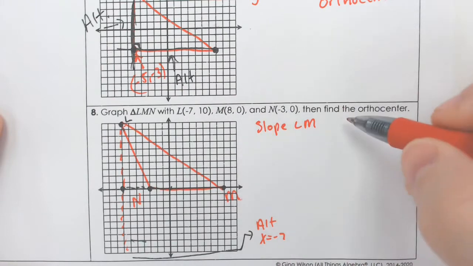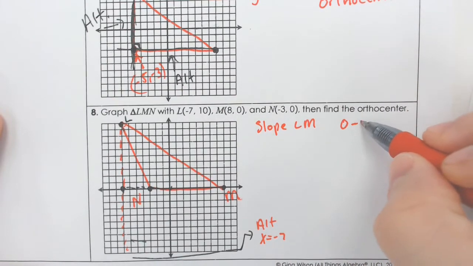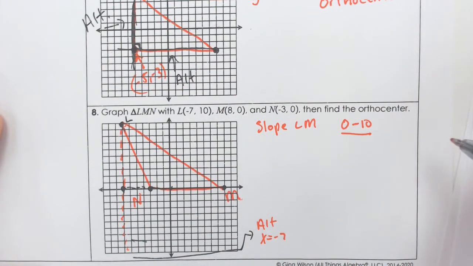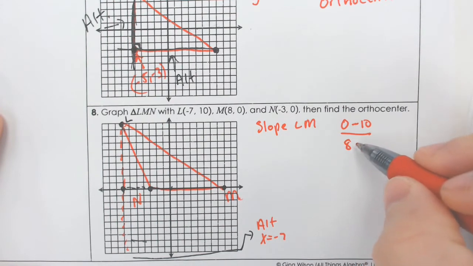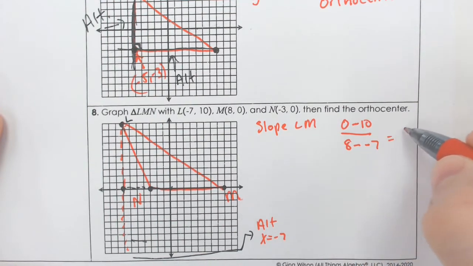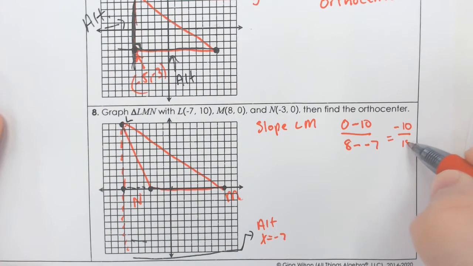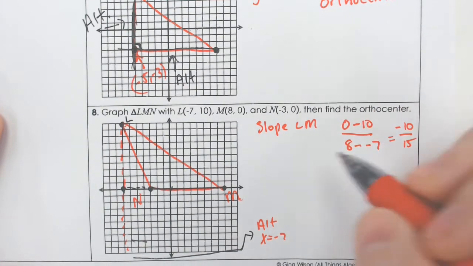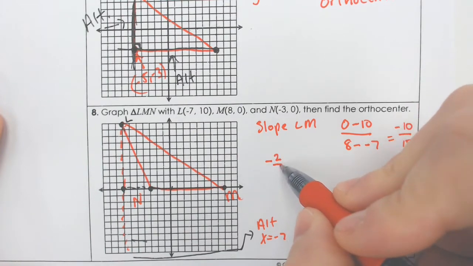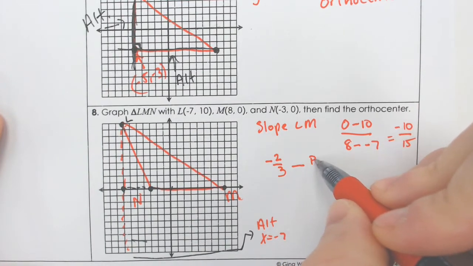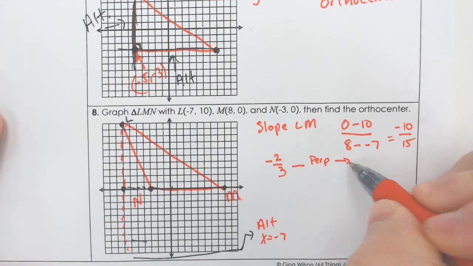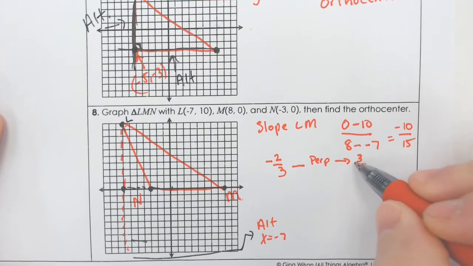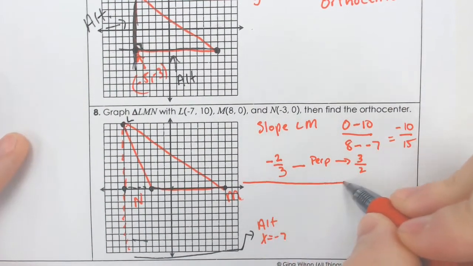So LM, I would have to do 0 minus 10, y2 minus y1, over 8 minus -7 turns into -10 over 15, which simplifies down to -2 over 3. Perpendicular to that would be 3 over 2 when you flip and switch the slope.